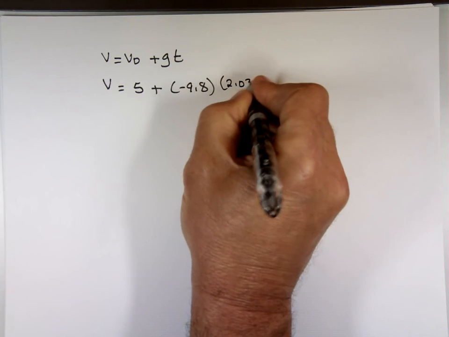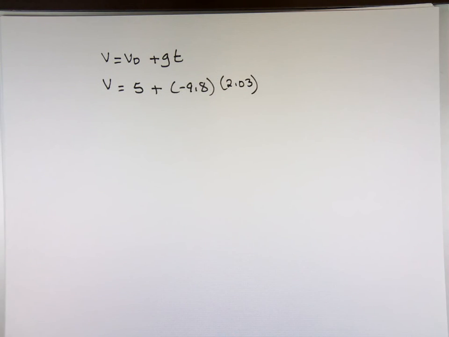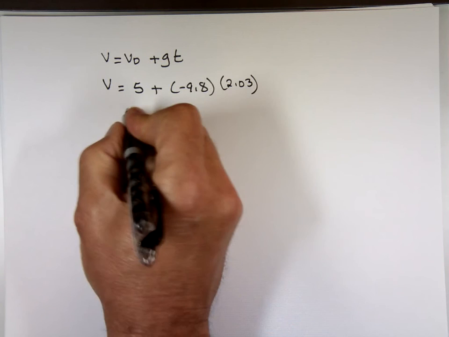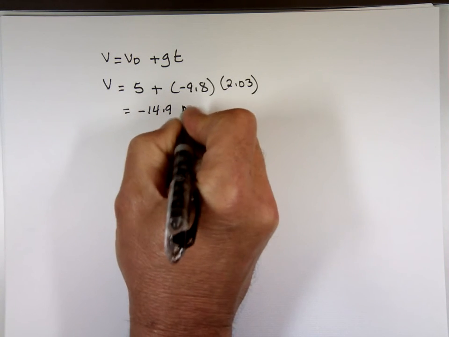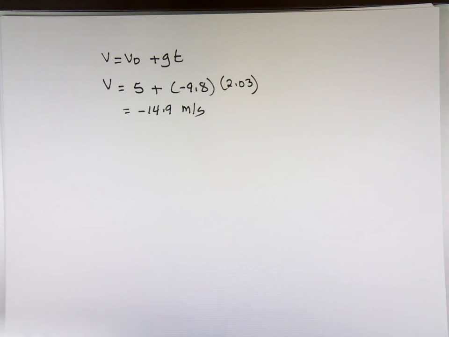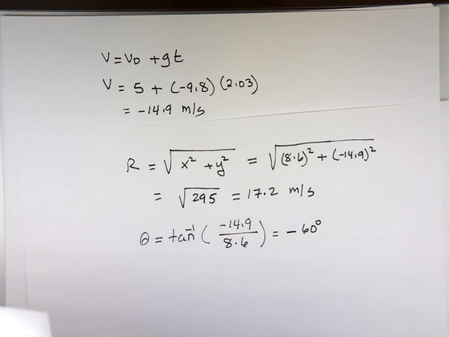So if you do the math, 5 minus 9.8 times 2.03, which is negative 14.9 meters per second. That's the velocity in the y direction. Is that what we got before? Yep, negative 14.9 in the y direction.